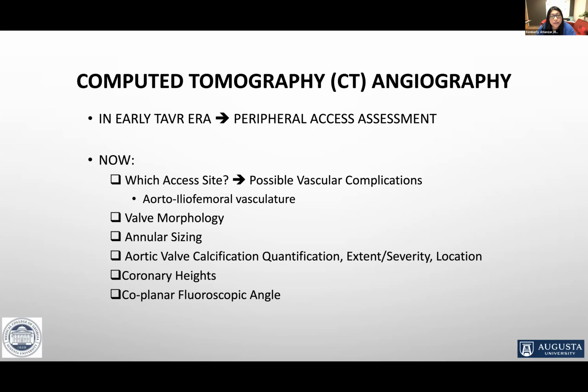It shows who is anatomically suitable for a transfemoral approach, because you get the whole picture of the aorta and iliofemoral vasculature. And if someone does not have adequate vasculature for a transfemoral approach, then you can also assess other access points such as transcaval, subclavian, transaxillary, and carotid.